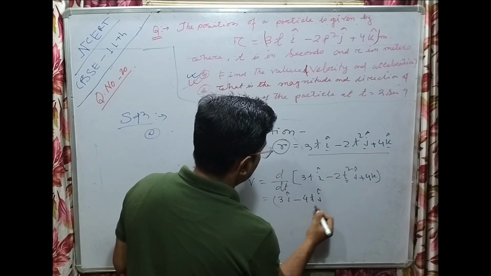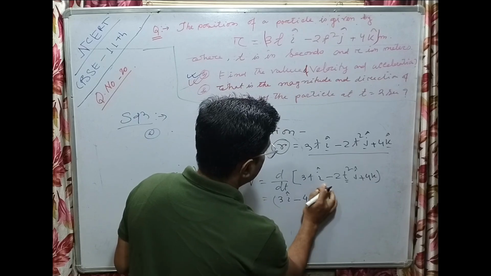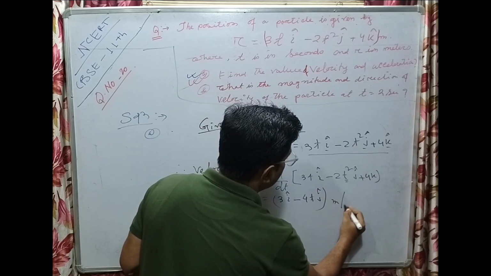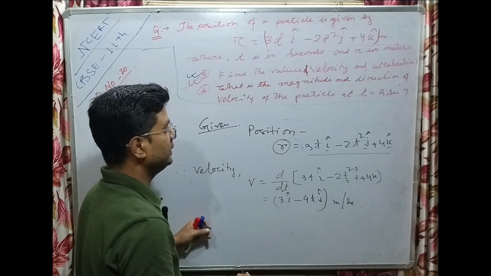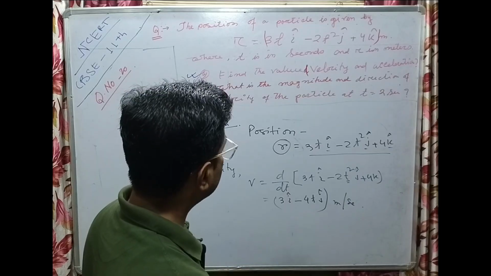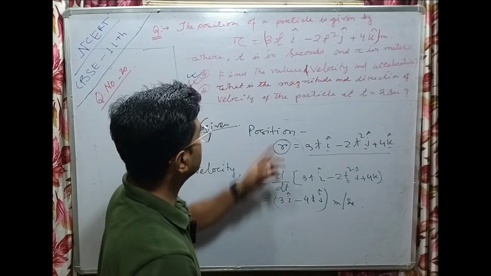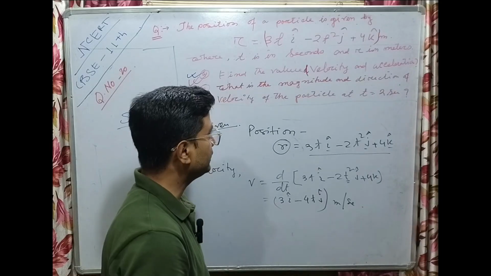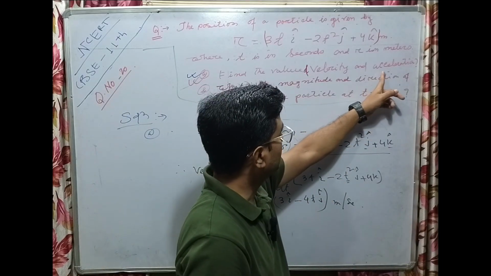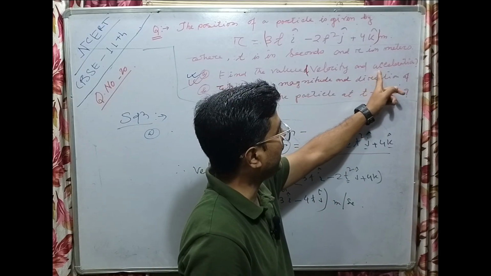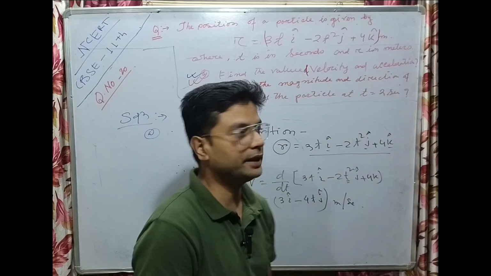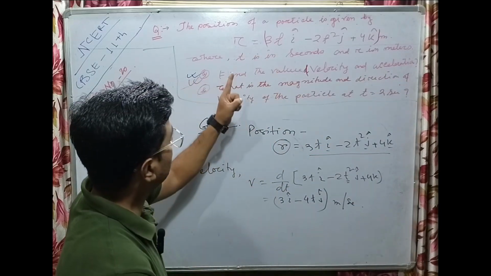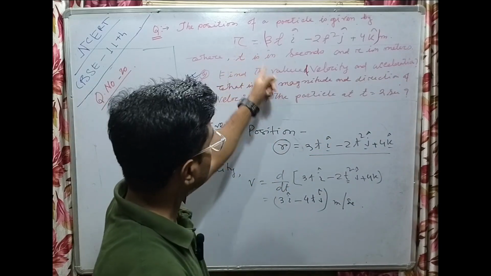Now the velocity of the position vector will be in meter per second. This is the velocity of this particle, right? And another question is, what will be the acceleration of the particle if the position is this?